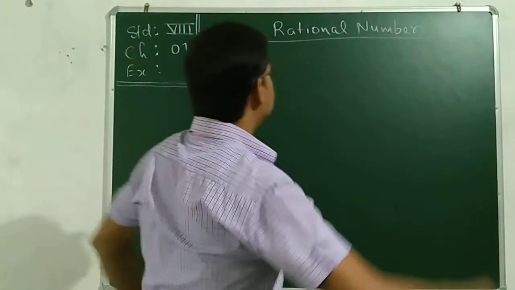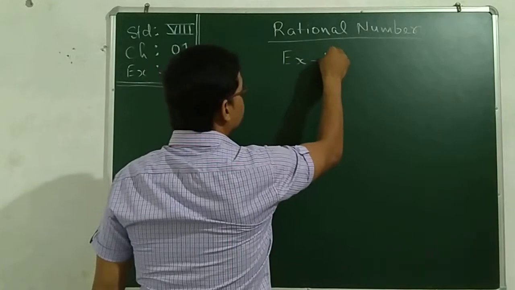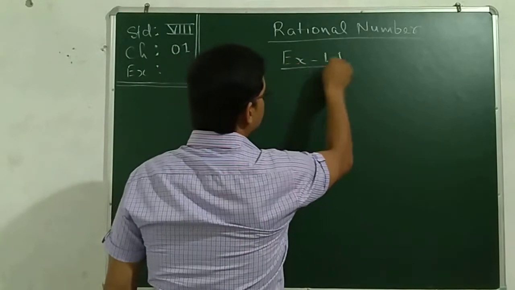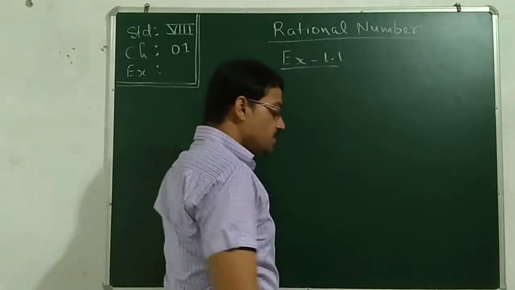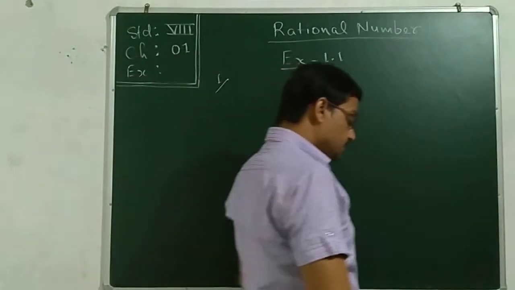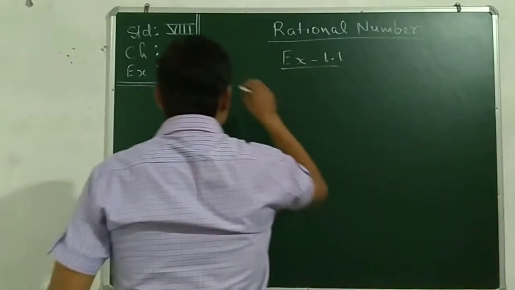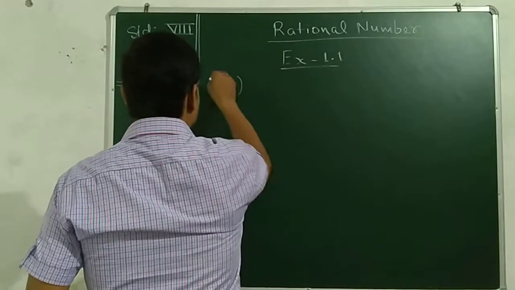See, in exercise 8.1, that is rational numbers. The first sum is from page number 14.